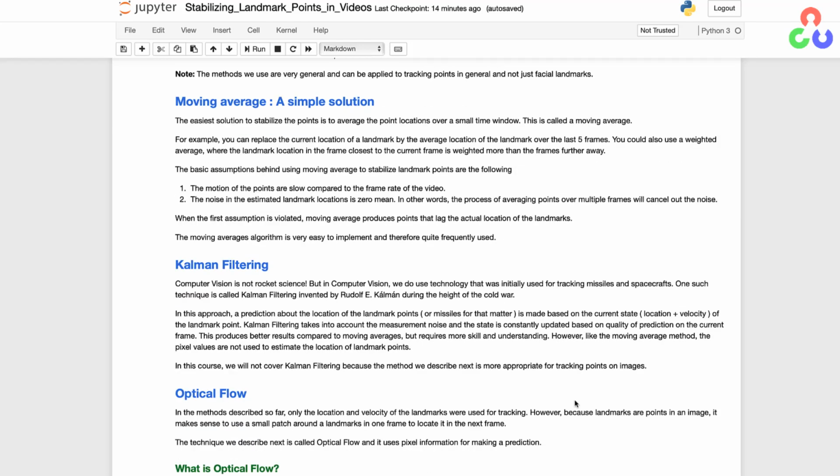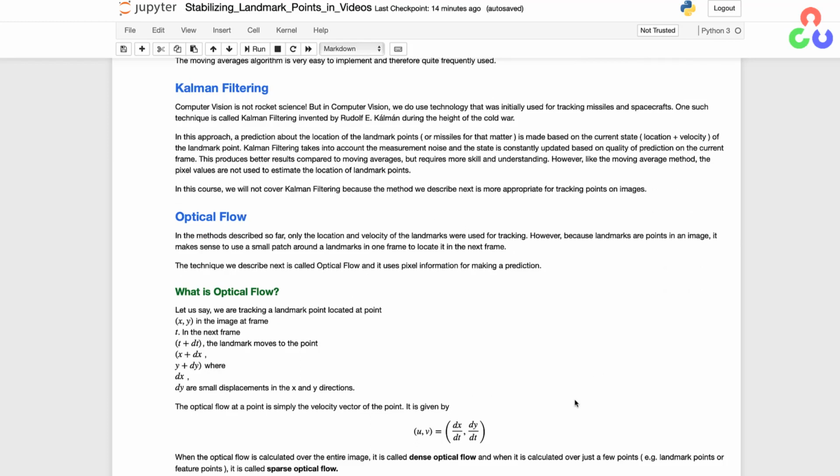Now, the second option is to use Kalman filtering. We are not going to go into Kalman filtering in this course, but if you have taken course 1, we explained how Kalman filtering can be used to model the location and the physics of motion, as well as take into account the uncertainty in various estimates.